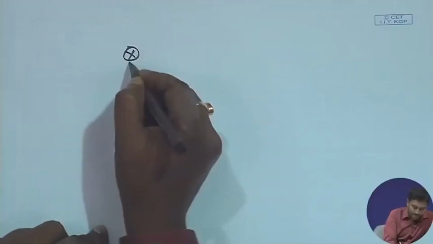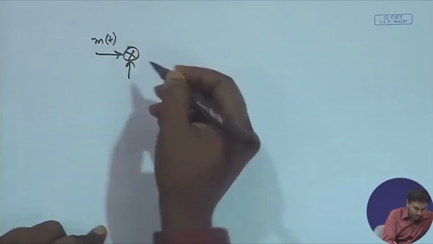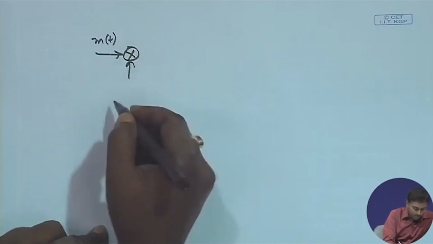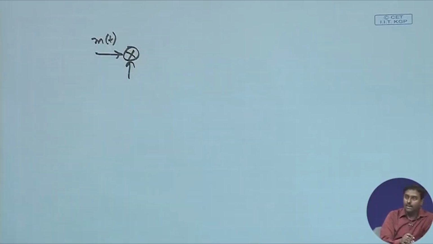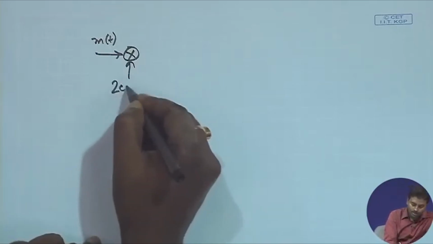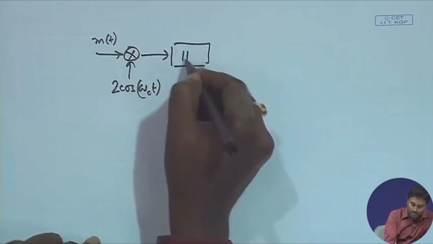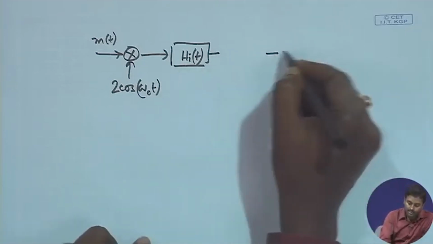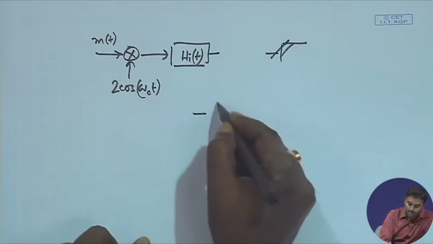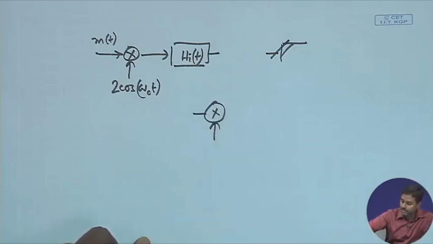So, basically I can now put my modulator as this. For the modulation, I have m(t), which I multiply by a cosine first, let us say 2 cos omega_c t, followed by H_I(f), the filter I have designed. The demodulator will take this one and multiply with it, because we have now seen that it is represented as this.